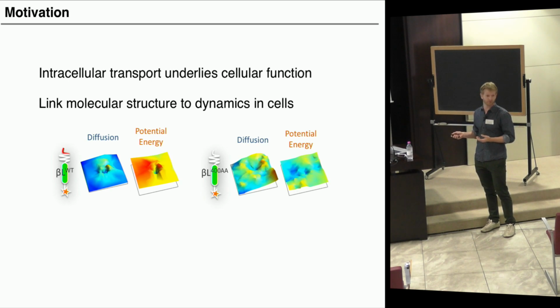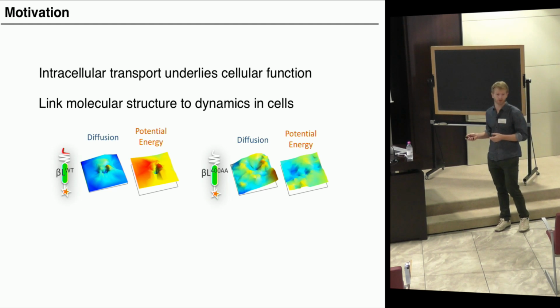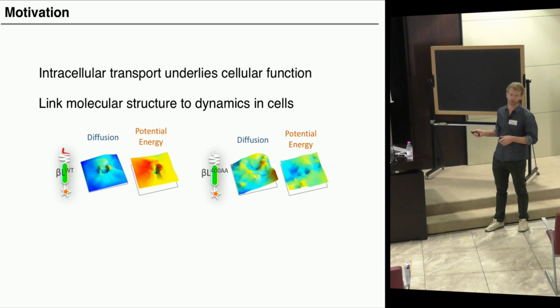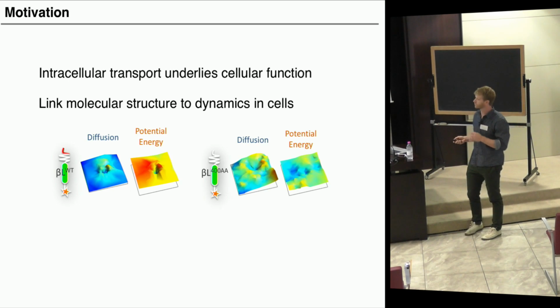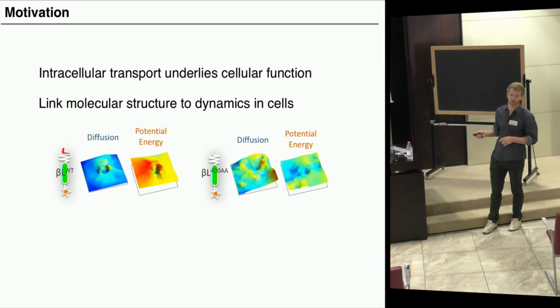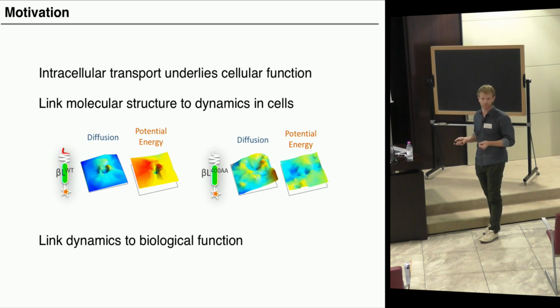It binds to a scaffold in the postsynaptic membrane, and we can see that it forms potential wells and gets trapped, stuck, and the diffusivity drops as well. If we change the beta loop that interacts with gephyrin, we can see that it no longer gets trapped. This is the kind of thing we can see in vivo, or in situ at least: dynamics of biomolecules, linked to structure and also to function in the end.